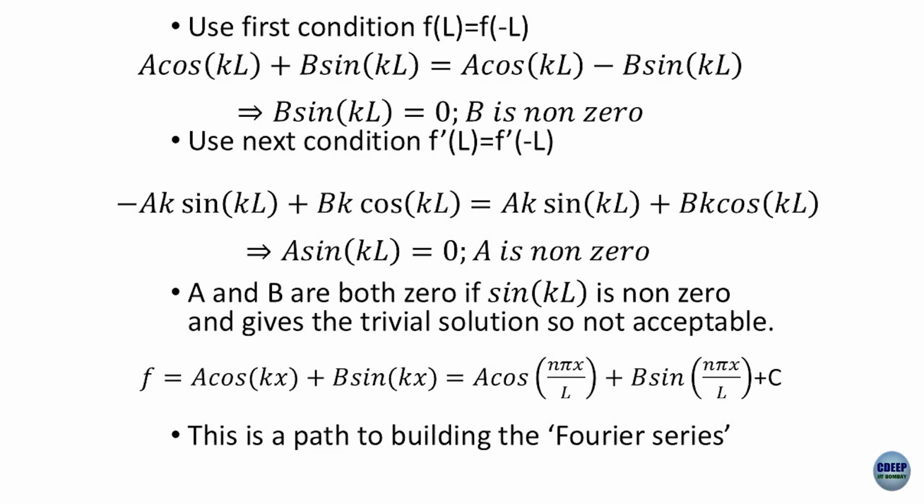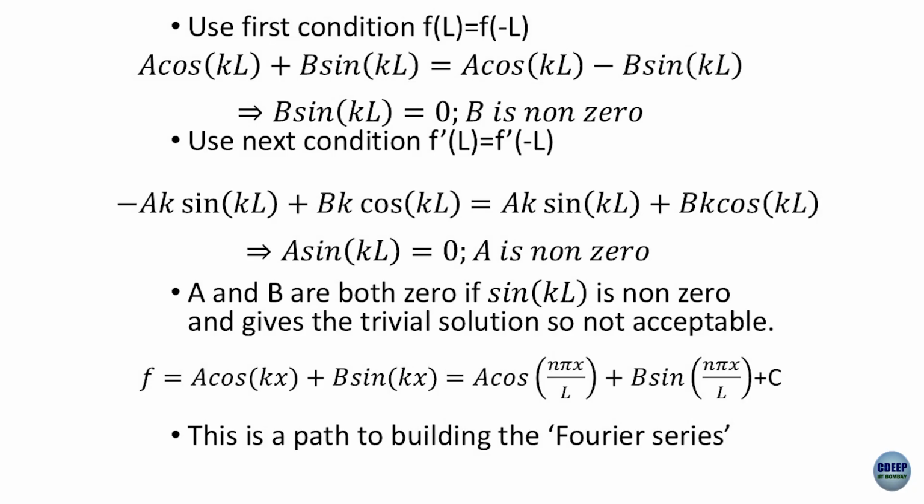And between the two of these expressions, if you are looking for a non-trivial solution, A and B have to be selected to be non-zero, and sin(kL) is going to be equal to 0, and you're going to get the eigenvalues from there. So you get kL equal to n pi, and you're going to get your eigenvalues as n pi by L.